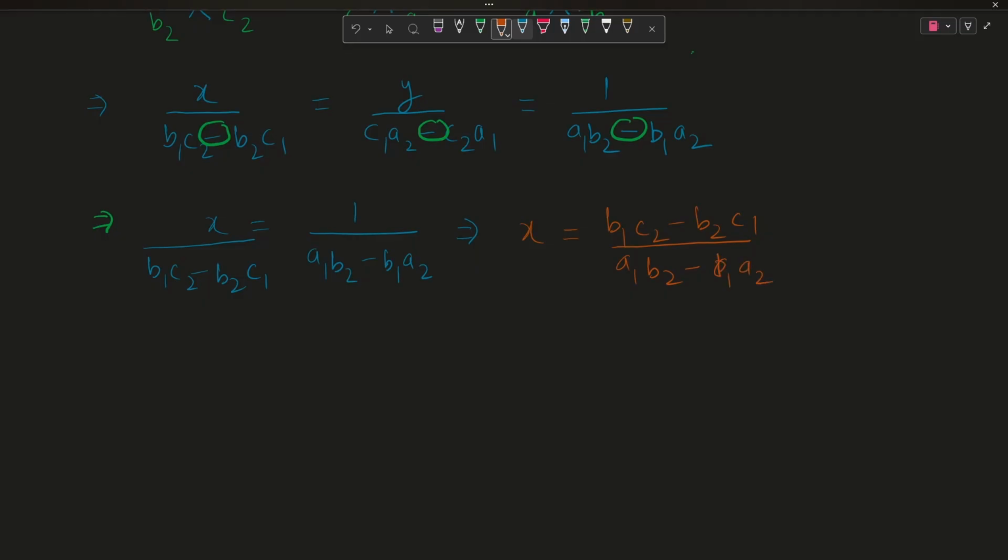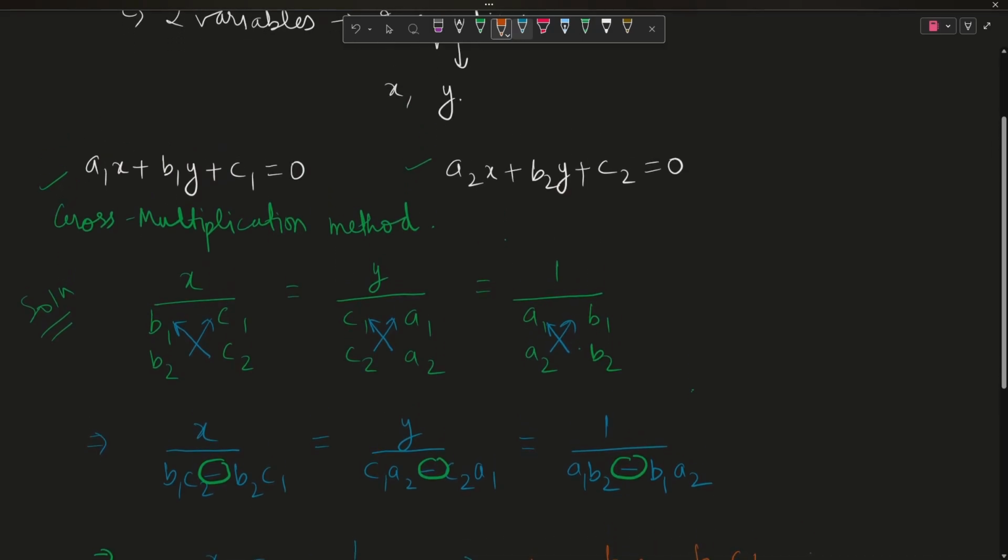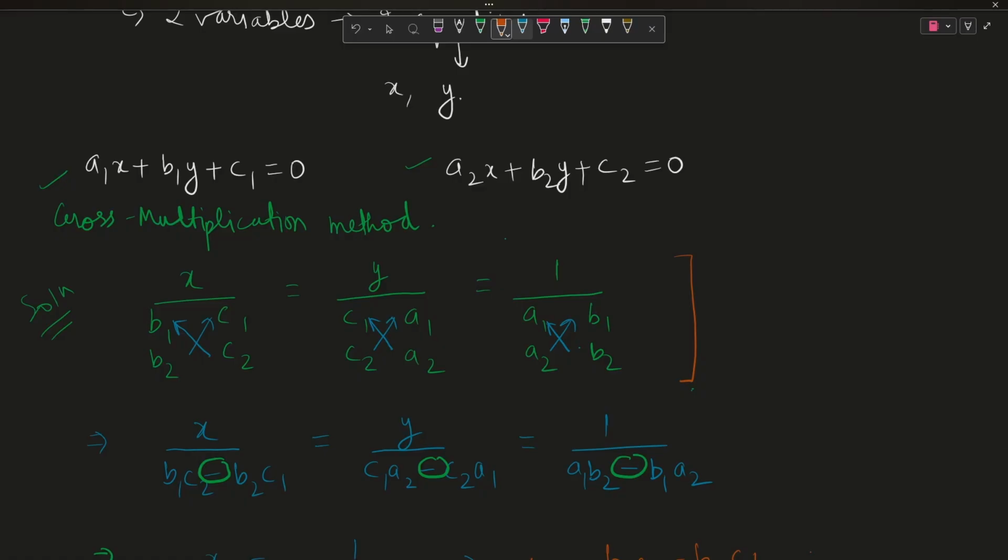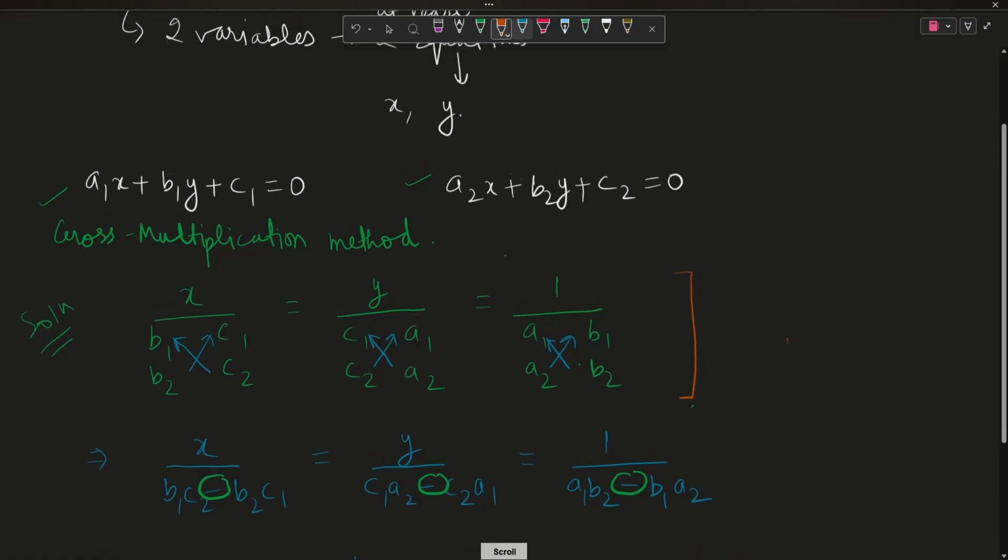Now this is a direct formula, but instead of memorizing the direct formula, we can simply start with the expression as stated here. Then we will cross multiply the values, take their difference, and get the values of x as well as of y.